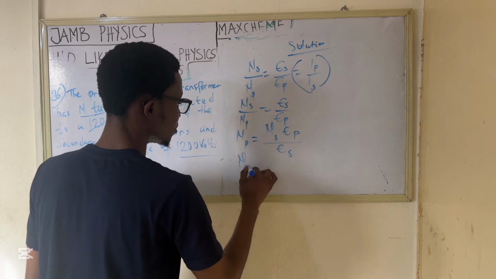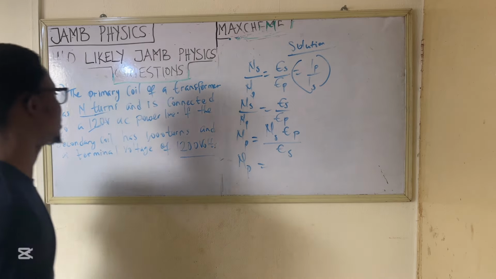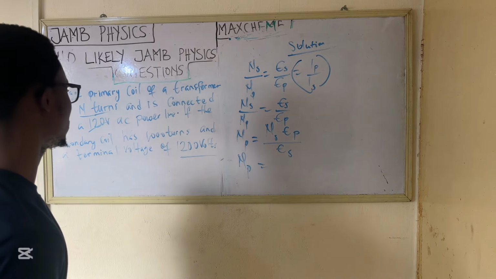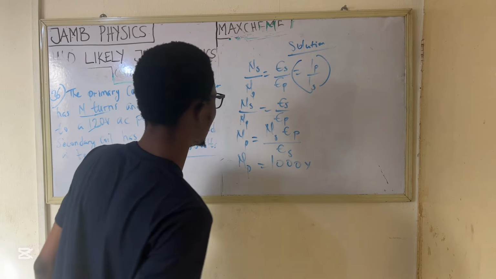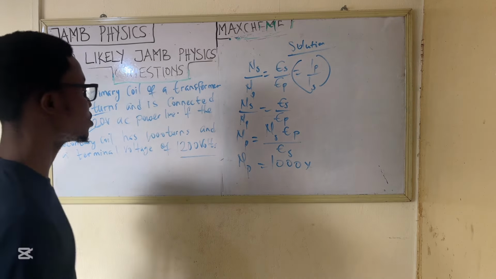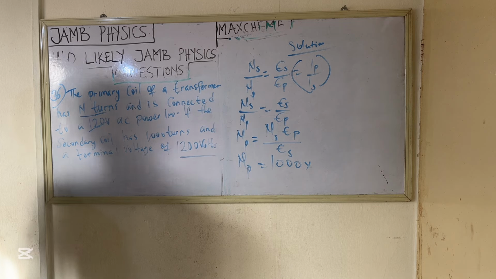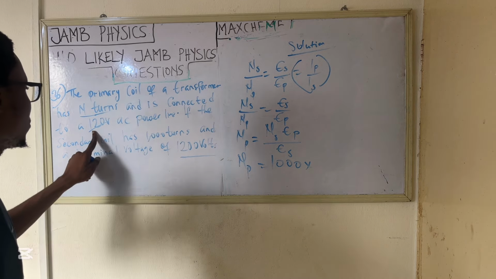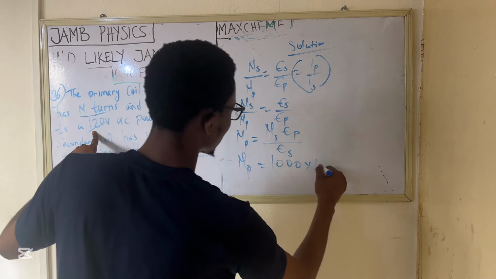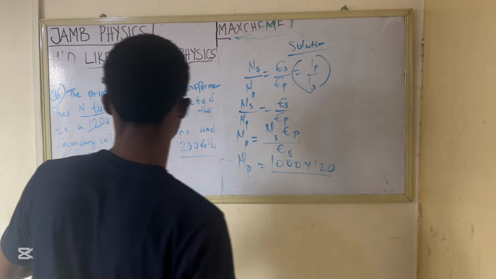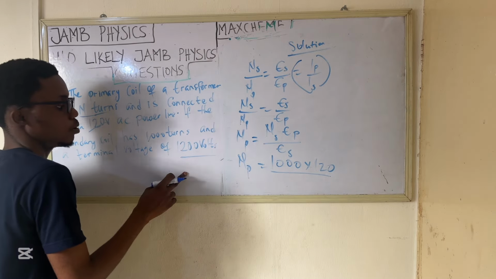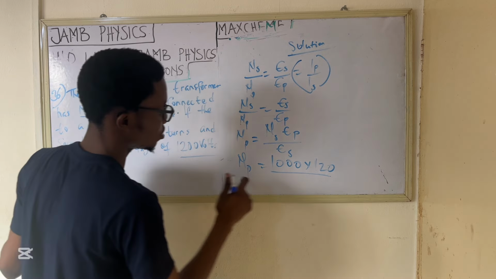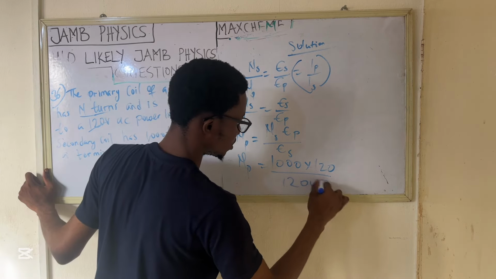So NP is equal to NS, the number of turns in the secondary, which is 1000, times our EP, the electromotive force in our primary, which is 120, over ES, the electromotive force in our secondary, which is 1200.